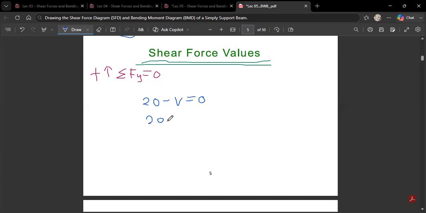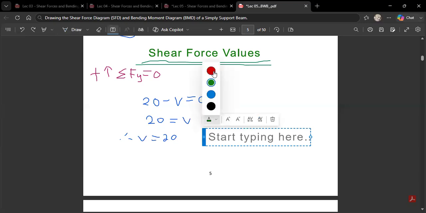Positive. So this means that our shear force value at portion AB is 20. And this one, because there is no variable attached to it, we say that this is a constant variation. So let me use this to denote that.